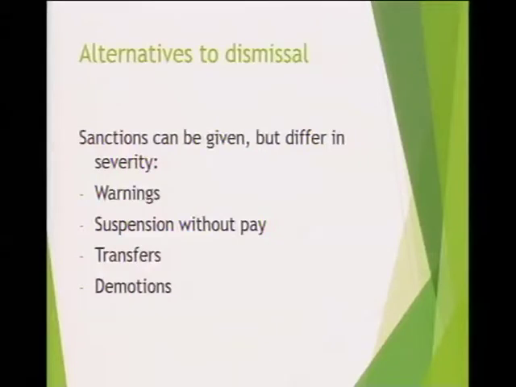So the entire process needs to be exhausted, except in cases where the case is so serious that the employee needs to be dismissed with immediate effect. You can also suspend the employee without pay. You can also transfer the employee or demote the employee. So dismissal should be the last resort.